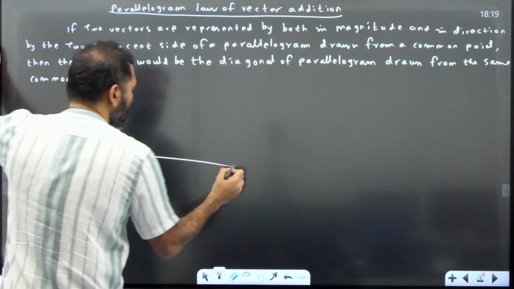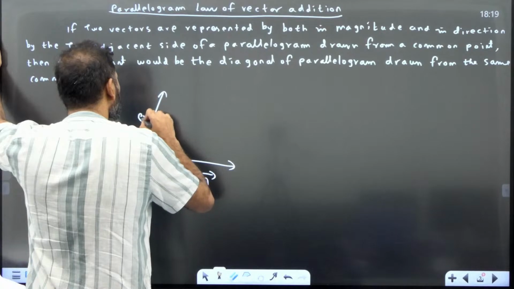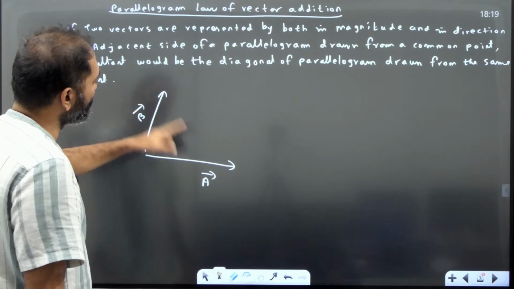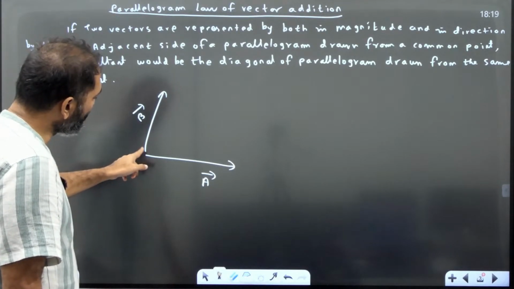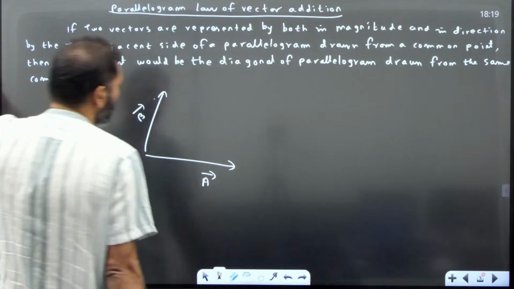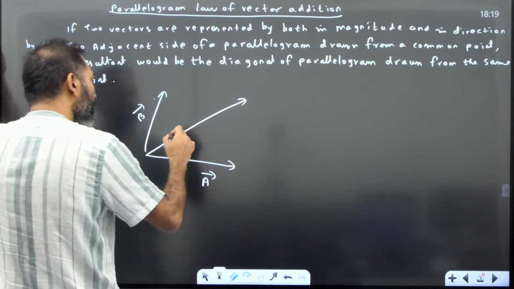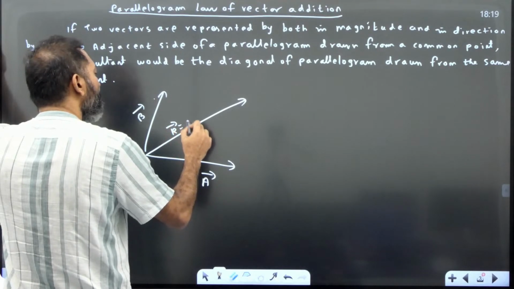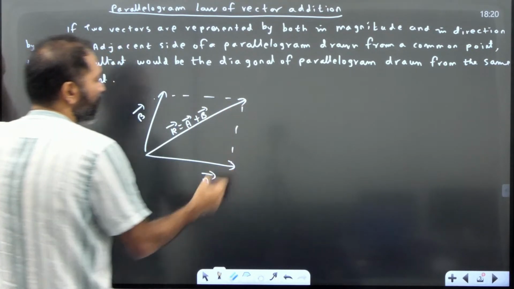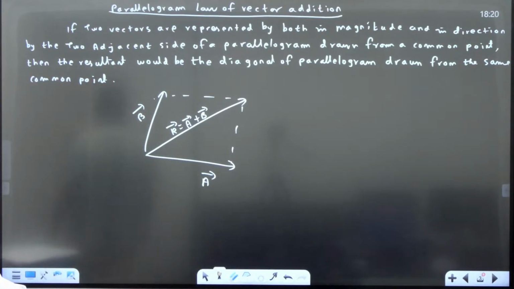Let's see. This is A vector, this is B vector. See, A vector and B vector are represented by two adjacent sides of a parallelogram drawn from this common point. From this common point, I have drawn this, represented these vectors. Then what will be the resultant diagonal of the parallelogram? That is also drawn from the same common point. So this is what parallelogram law of vector addition.